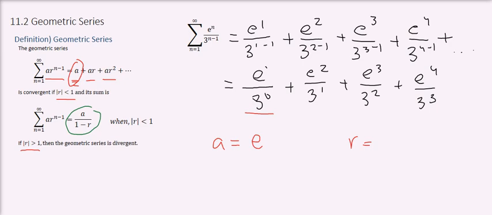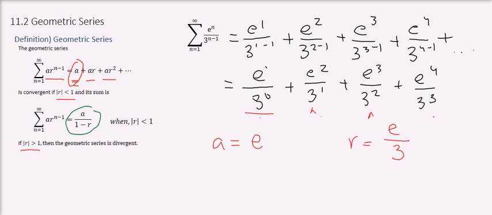Now our r is what's multiplied to each consecutive term. We can see that in the second term, e is multiplied by e over 3. In the third term you see that it's multiplied by the same thing. e squared times e is e cubed. 3 times 3 is 3 squared. So our r is e over 3.